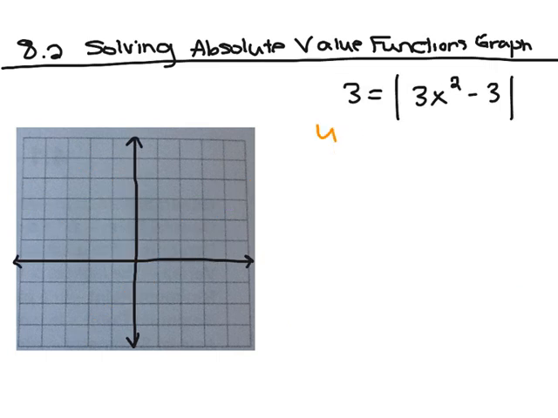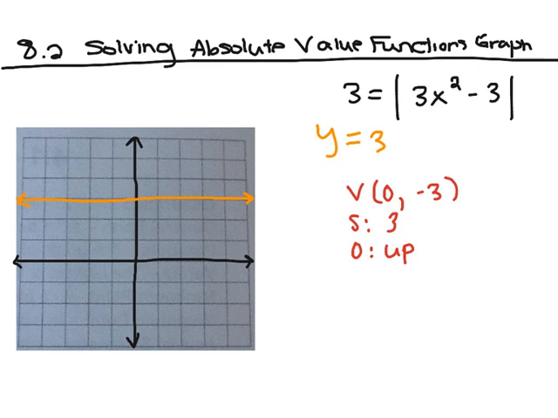For this one, we're going to graph y equals 3. So 1, 2, 3. There's our first line. Now we're going to graph the parabola with a vertex of 0 and -3 and a stretch of 3, and it opens up. This is going to be dotted, and this is going to go up like this.